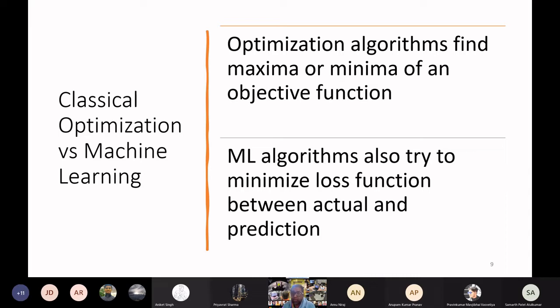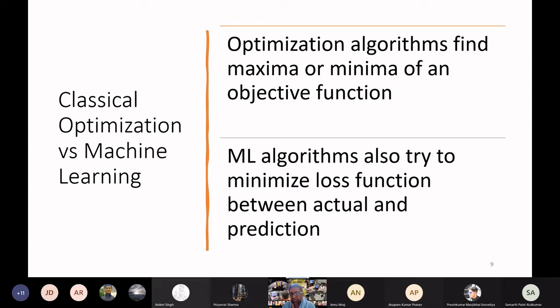Sometimes the constraint can also be in terms of the possible solution. For example, if the solution can only be integers, then it becomes an integer linear programming problem. And then based on the objective function, we have various types of optimization problems: convex, non-convex, linear, non-linear, etc.